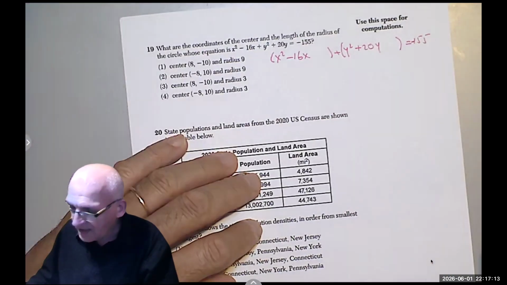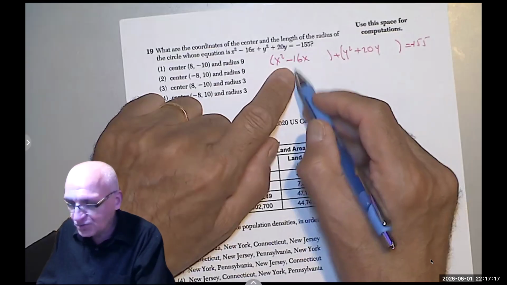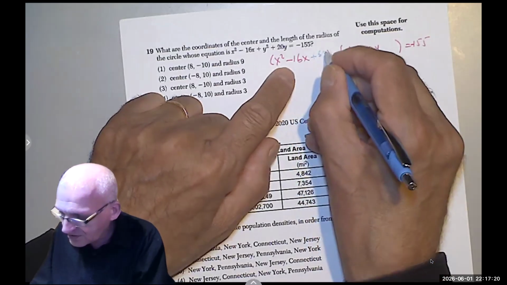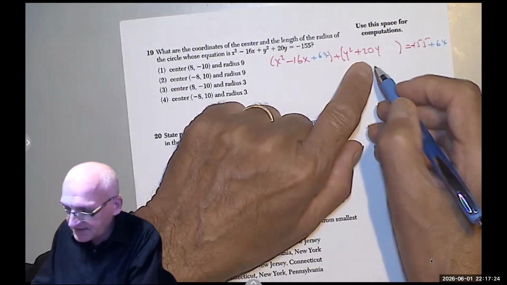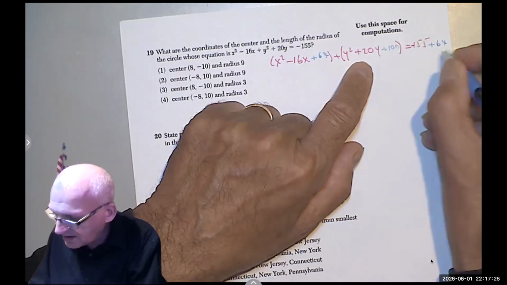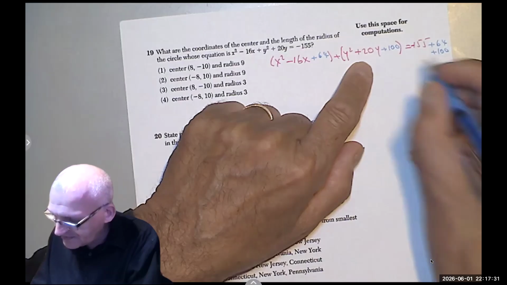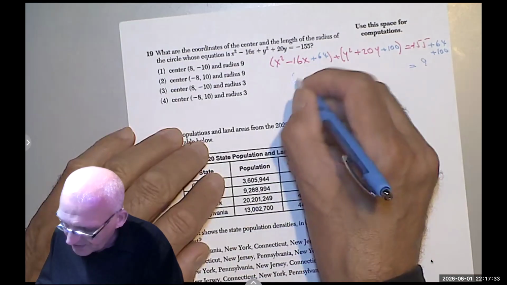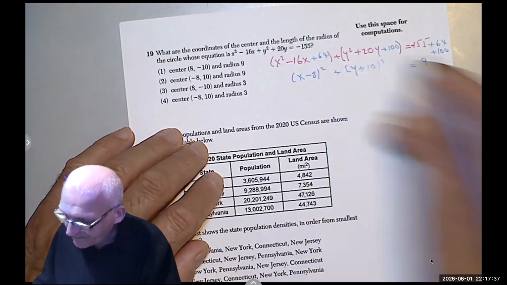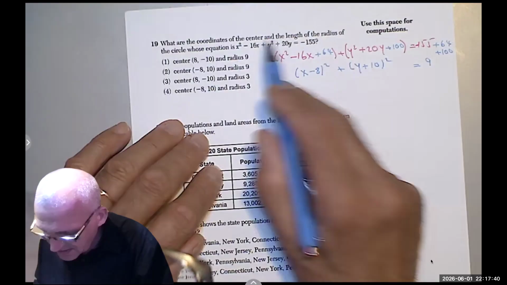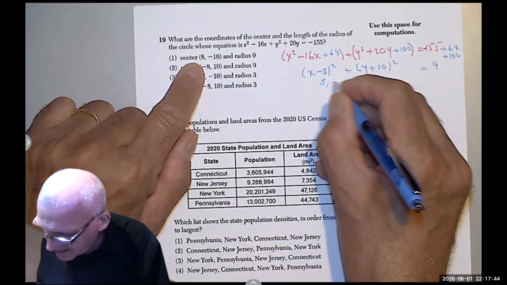To complete the square, I divide by 2 to get -8, and square, I get positive 64, positive 64. I divided 20 by 2, I get 10, square is 100, and 100. Here I will have 164 minus 155 is 9. This would be x minus 8 squared plus y plus 10 squared. So the center is at 8 and negative 10.